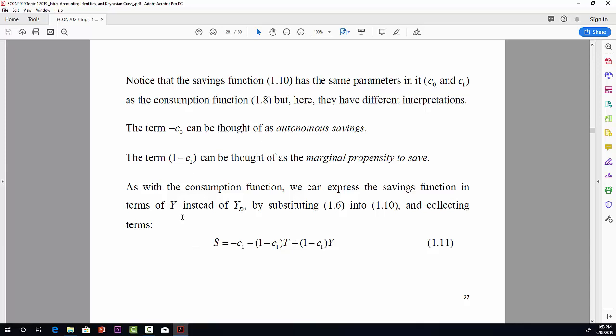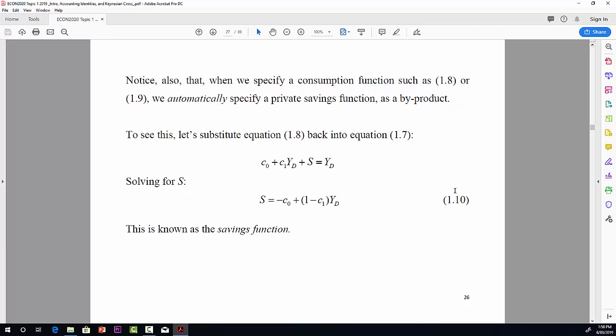Now once again, we can express this savings function slightly differently by putting it in terms of y rather than yd. So by substituting, let's go back to the equation we had before. We got yd here, but I'm now going to substitute in our definition of yd to get things in terms of y.